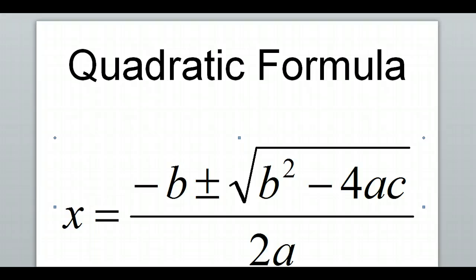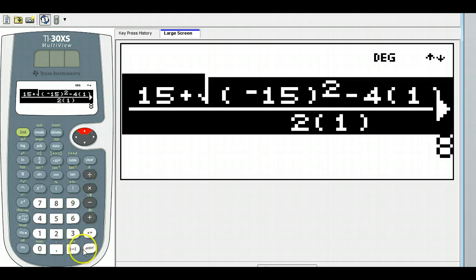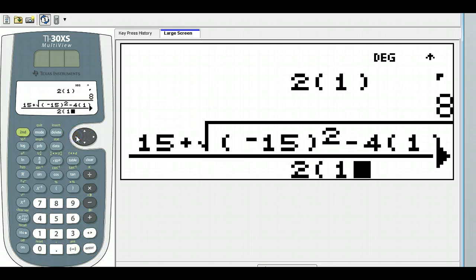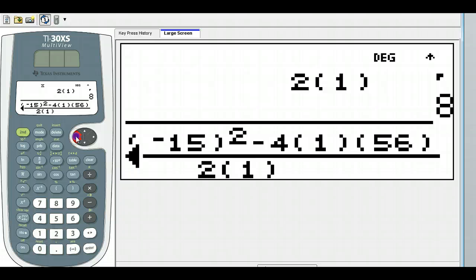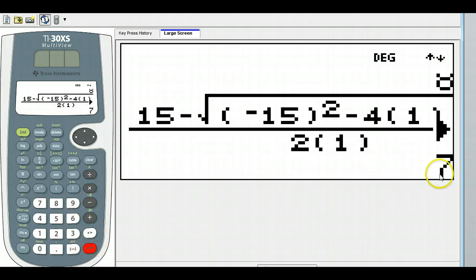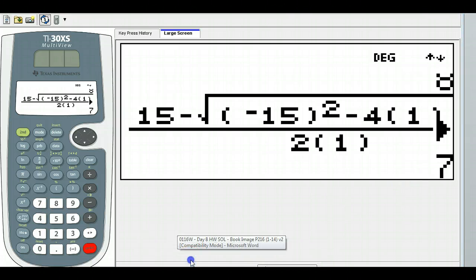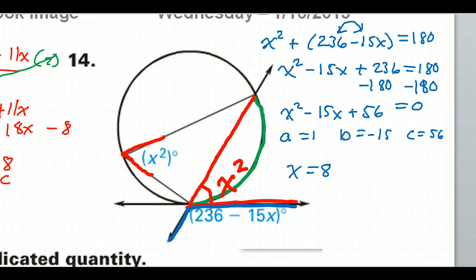So we did the plus, so we still need to do the minus. So if we just go up, highlight it, hit enter, then I can slide over till I get to that plus sign, and just change it to a minus sign, hit enter. So I get 7. That's also a nice positive number. So the two solutions to this equation are 8 and 7.